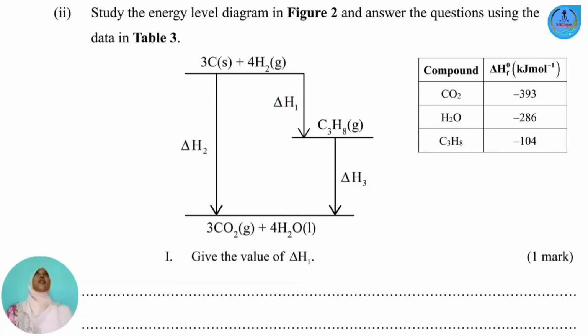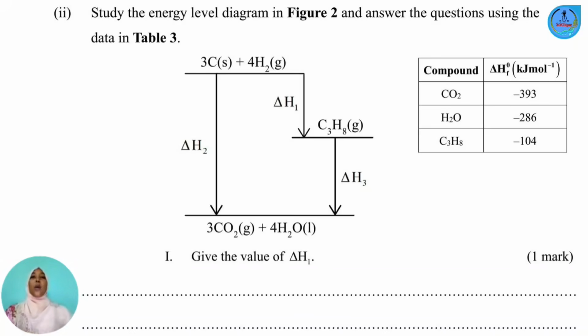We are going to start from the very top of the energy level diagram. Do you see where we have carbon reacting with hydrogen gas? That is where we're going to start. Now, that is our starting point, right? We are starting at that point, reacting carbon with hydrogen.